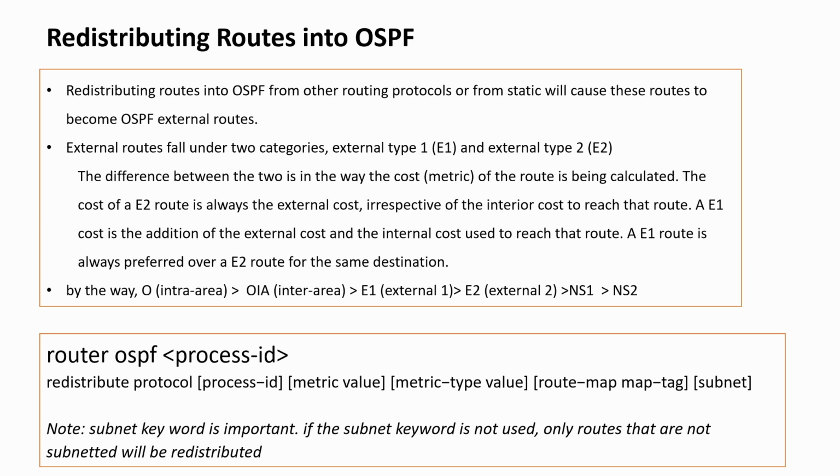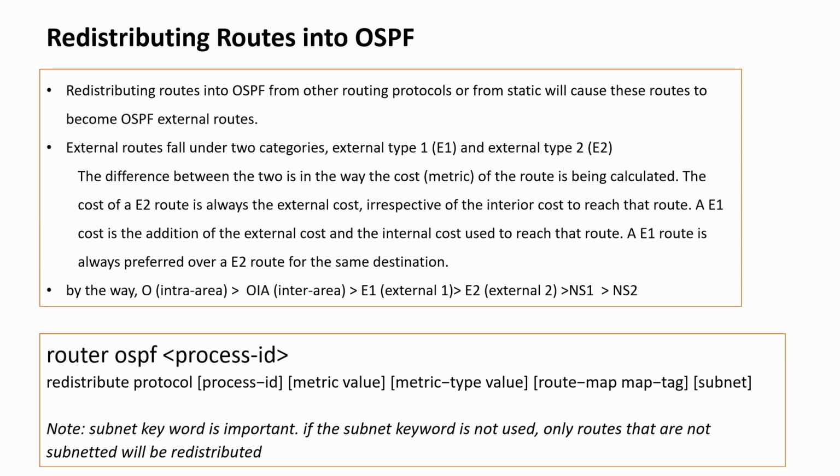The cost of E2 routes is always the external cost, irrespective of the interior cost to reach the route. E1 cost is the addition of the external cost and the internal cost used to reach the route. The E1 route is always preferred over the E2 route for the same distance.